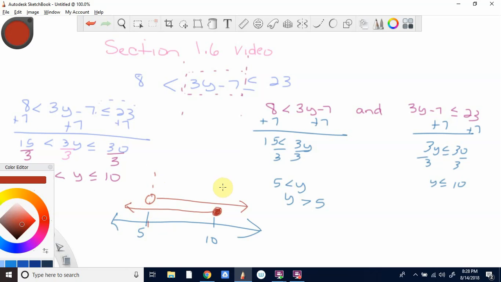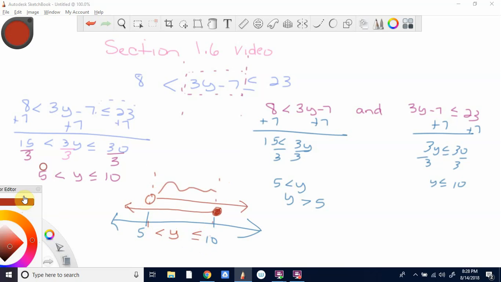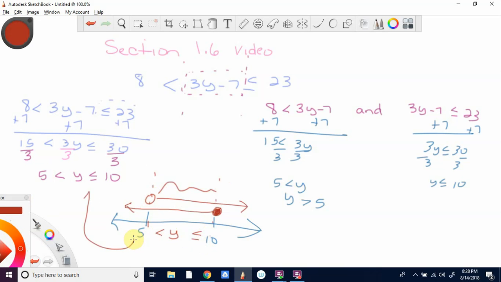And where do they intersect? Between here and here. Because it's open, it's just a less than, and this is less than or equal to. Isn't that what we have over here? So that's how you would graph it. Your graph would be the intersection, so you would graph it like this.